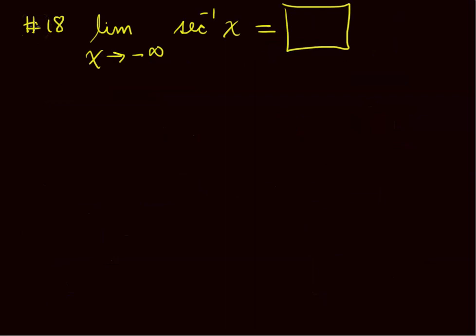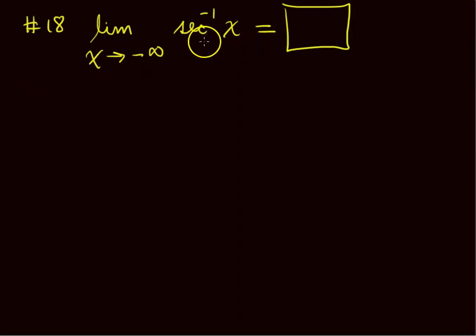So here's number 18, a limit. Being able to visualize these limits with the graph, I think is so helpful. So, if you don't have it down yet, you need to figure out how to draw the graph of these inverse trig functions. Let me show you what I do.